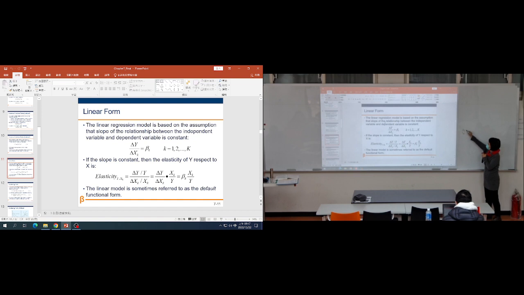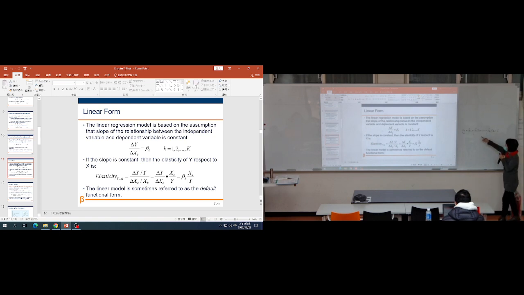If I have the functional form like this, beta k xk plus the error term, this is linear in the coefficient as well as linear in the variables.